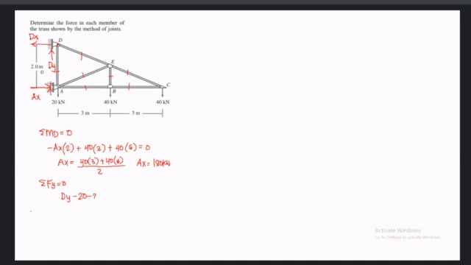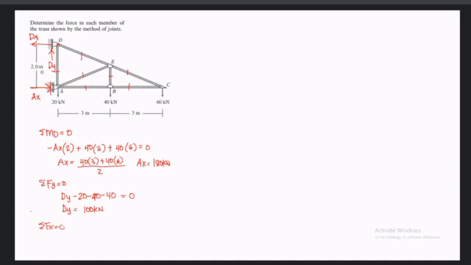So negative 20, negative 40, and then negative 40. So silang apat lang yung vertical forces natin. So solving for DY, it is equal to 100 kilonewton. Tama? So transpose ko lang sa kabilang side yung lahat ng constant. So that's 100 kilonewton. So positive yung lumabas, ibig sabihin tama yung directions na in-assume natin.